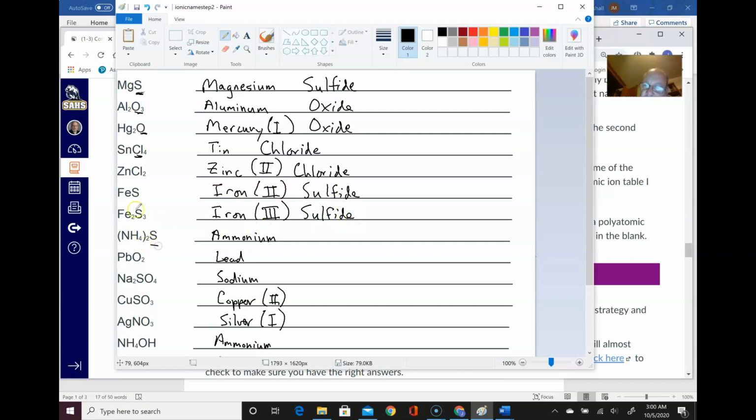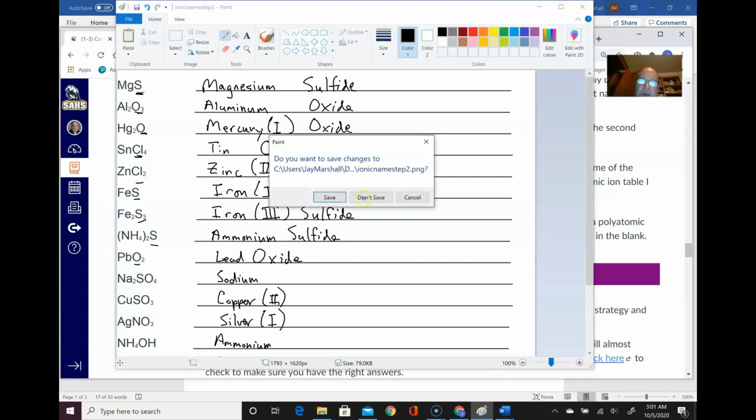Ammonium sulfide. Lead oxide. Okay, so these are examples in which I just have an element and I just add -ide to the name. Okay, so go back to the presentation now.